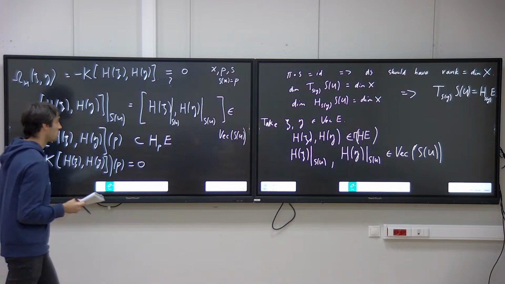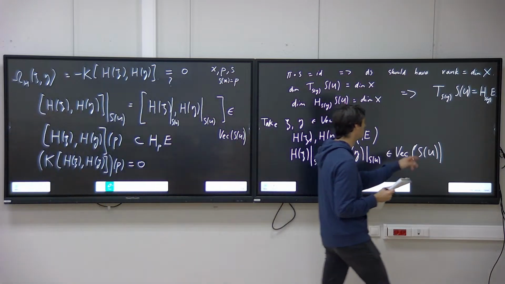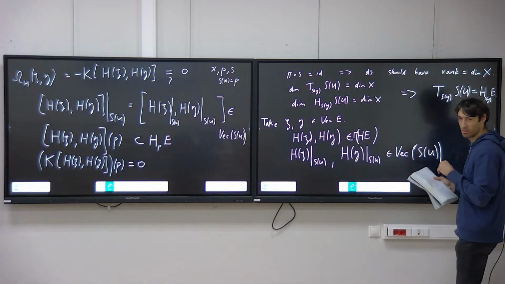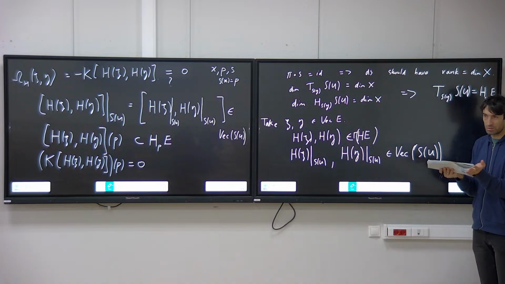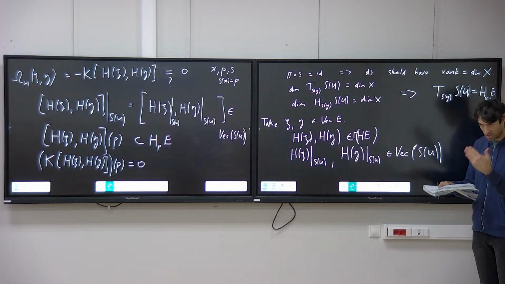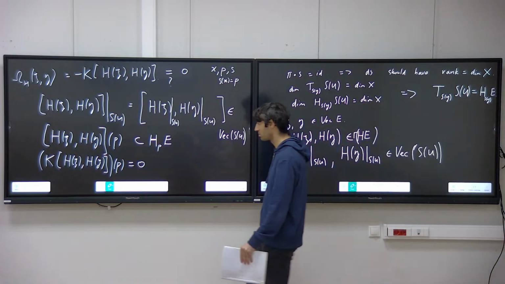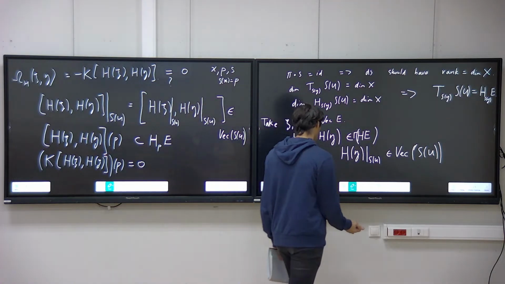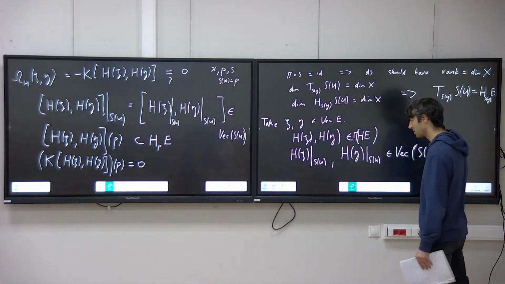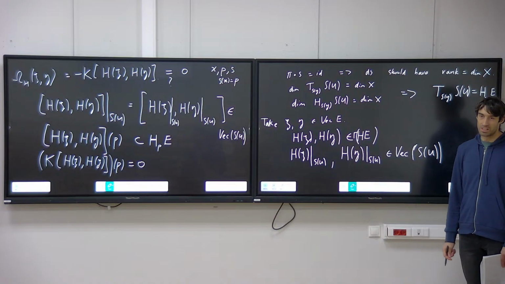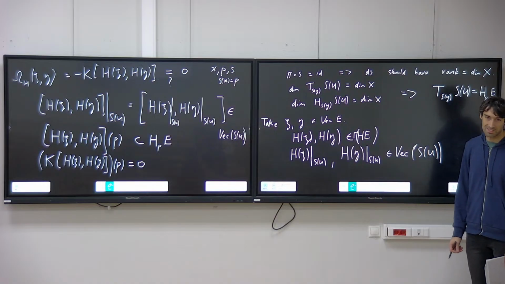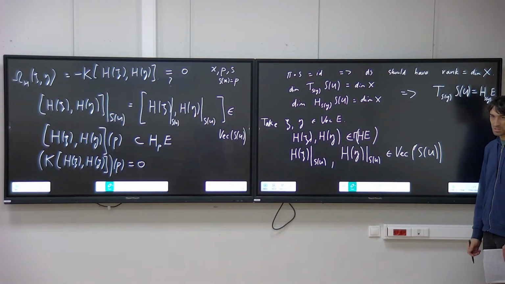So everything is just because S of u is a submanifold. And the commutator of two vector fields of a submanifold gives me another vector field of the same submanifold. And that's the main reason why all this works. The other direction is harder, but we will skip the hard part, just name it, which is Frobenius theorem.